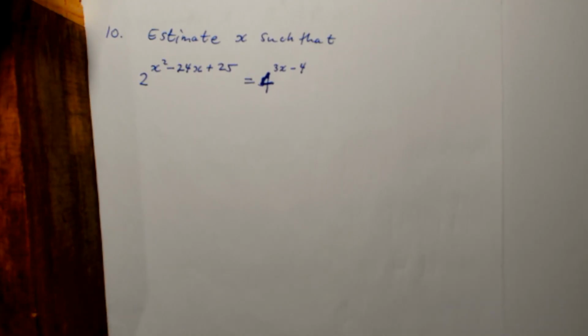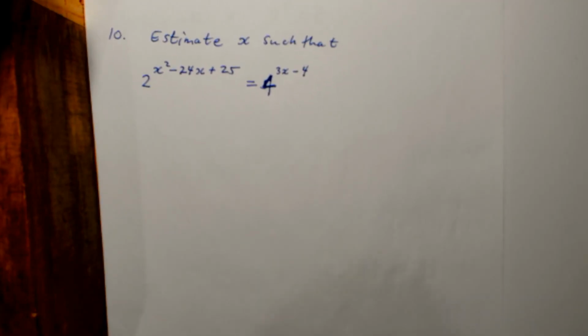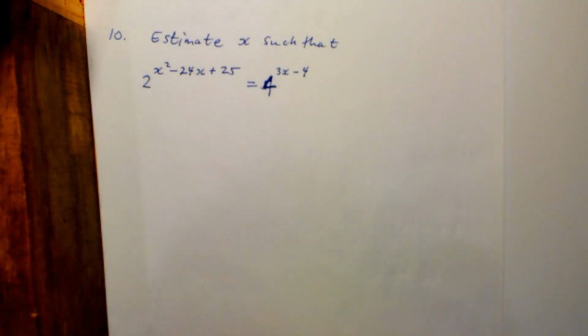Next question, estimate x such that 2 to the power of x squared minus 24x plus 25 is equal to 4 to the power of 3x minus 4. Okay, so there's a clear thing to observe here, right? That 4 is equal to 2 squared.